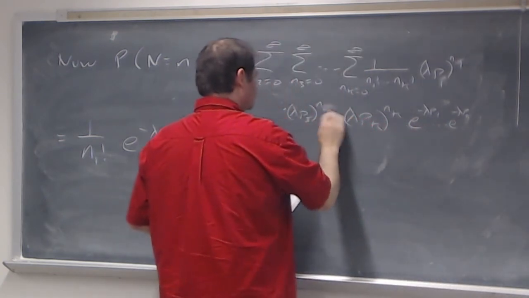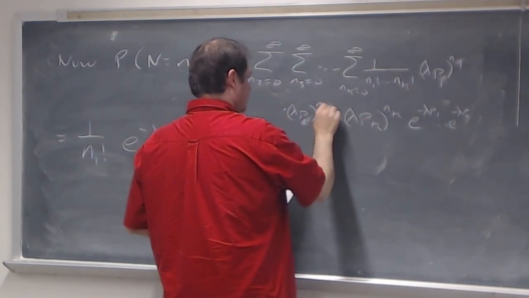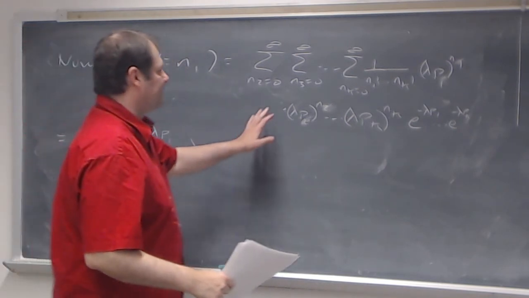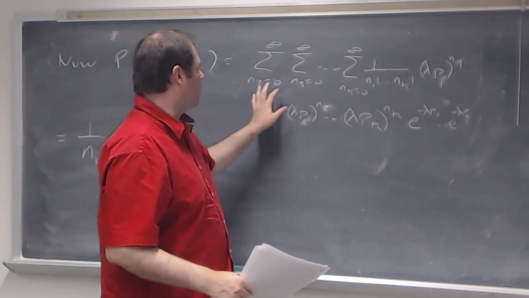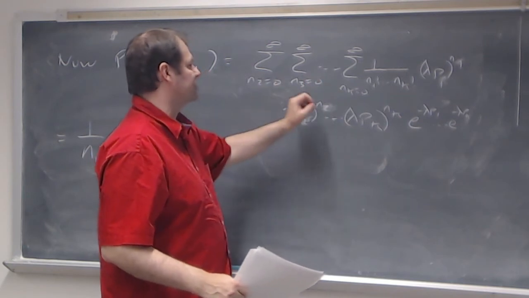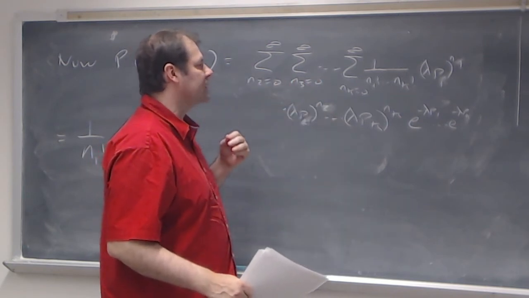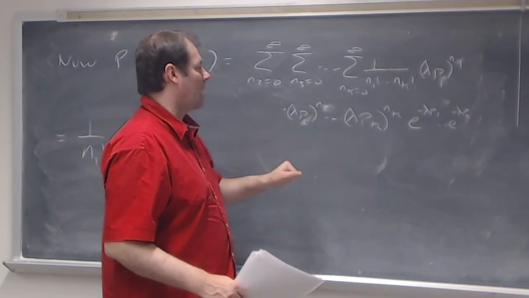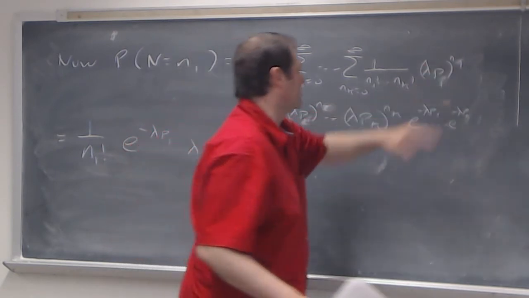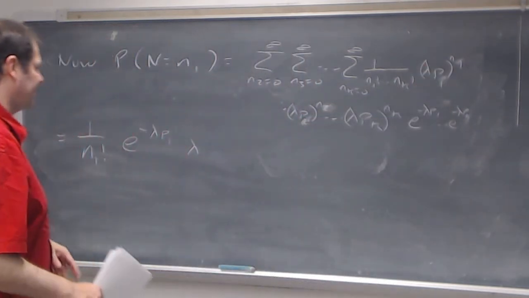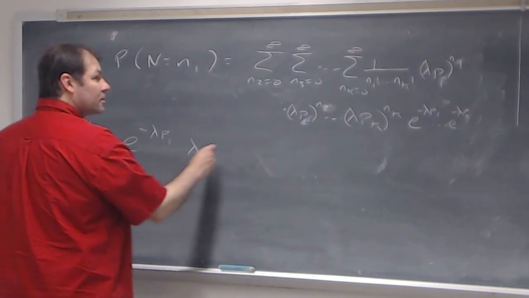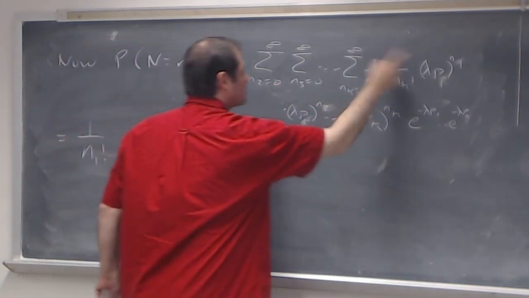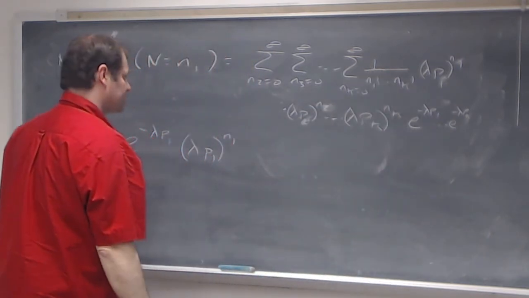Okay, it should be 2, n sub 2. We sum, we have k minus 1 summations here. We sum the joint PMF with all of these sums. So the PMF includes the p sub 1. I don't know why I didn't have them in there. But I can pull them out. So lambda p sub 1, n sub 1, because I can pull them out since n sub 1 is constant with respect to each one of these sums.